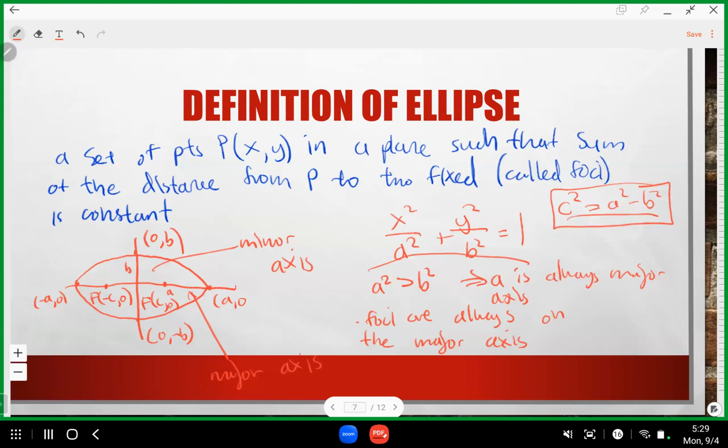Make sure you know that c squared is equal to a squared minus b squared, not a squared plus b squared, because that is the Pythagorean theorem, and this is not exactly that. So make sure you do not get that confused. c squared is equal to a squared minus b squared, and a squared, remember, is always the bigger one.